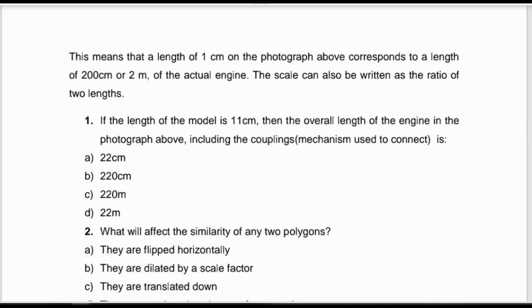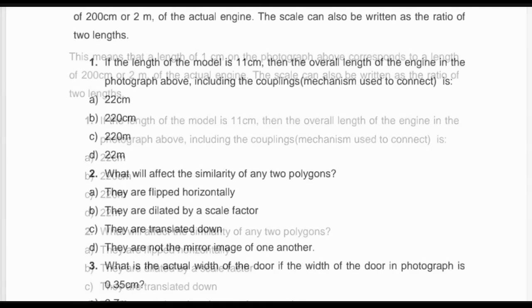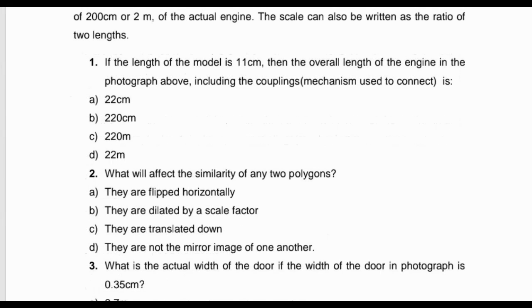The length of the engine including the coupling mechanism used to connect is how many centimeters we have to find. So here they have given a scale factor, that is 1 is to 200.